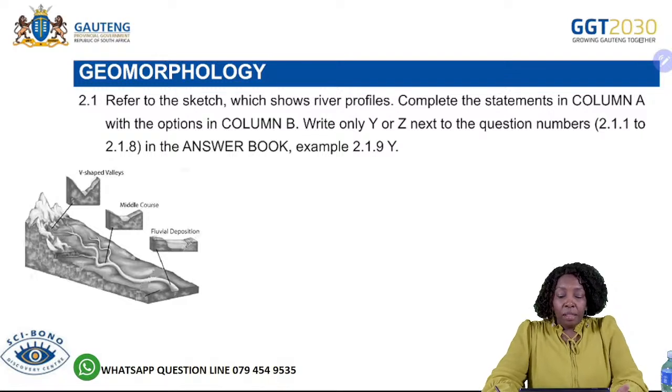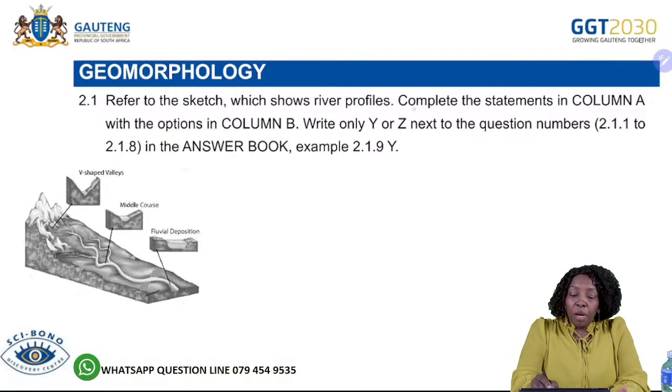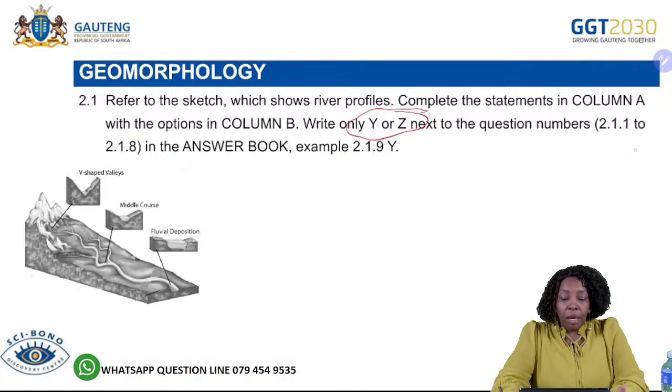So when you look at this instruction, just before you even think of starting to do your answers, you must take note of what instruction you are given. You are supposed to only give your answer in the form of letter Y or Z, in the order of the numbering that you will have on your question paper.